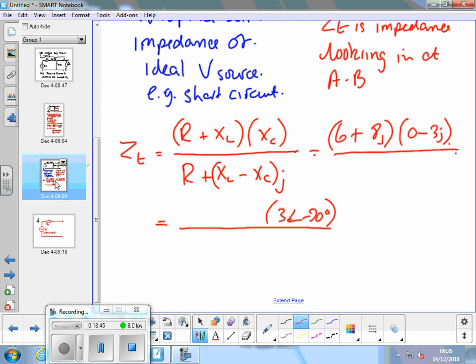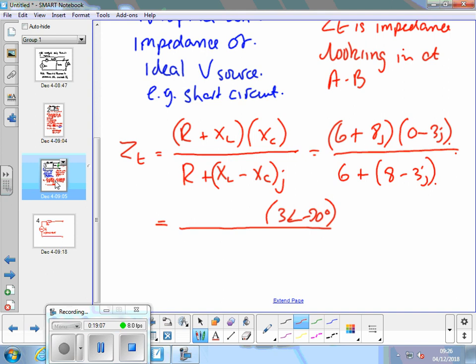The resistance is 6 ohms, isn't it? So 6 plus 8j minus 3j. That's the whole thing in rectangular form.